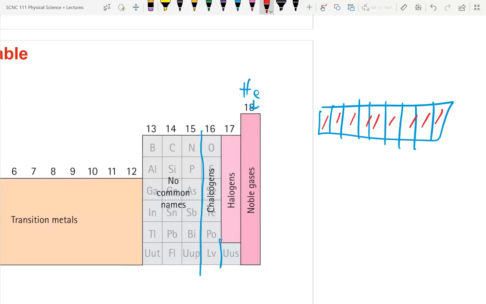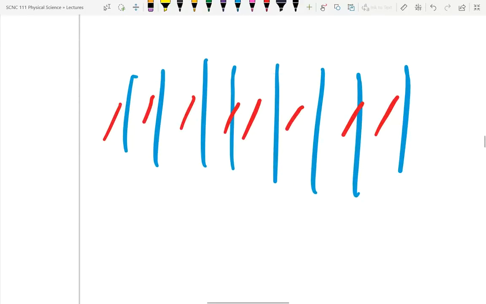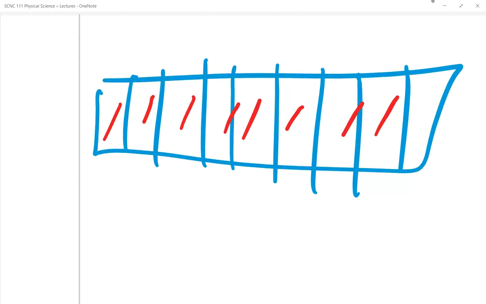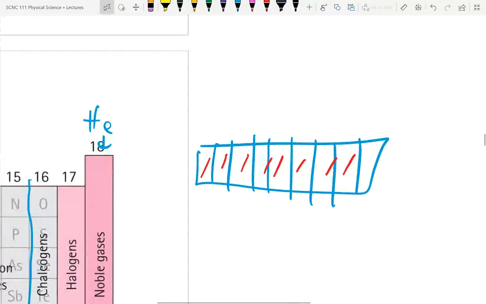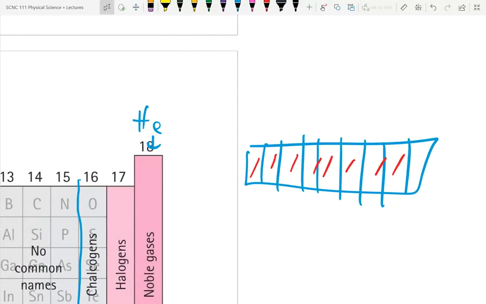Well, if you're looking at the halogens, you have one spot in the box remaining. Well, there's a lower energy if you can fill it.